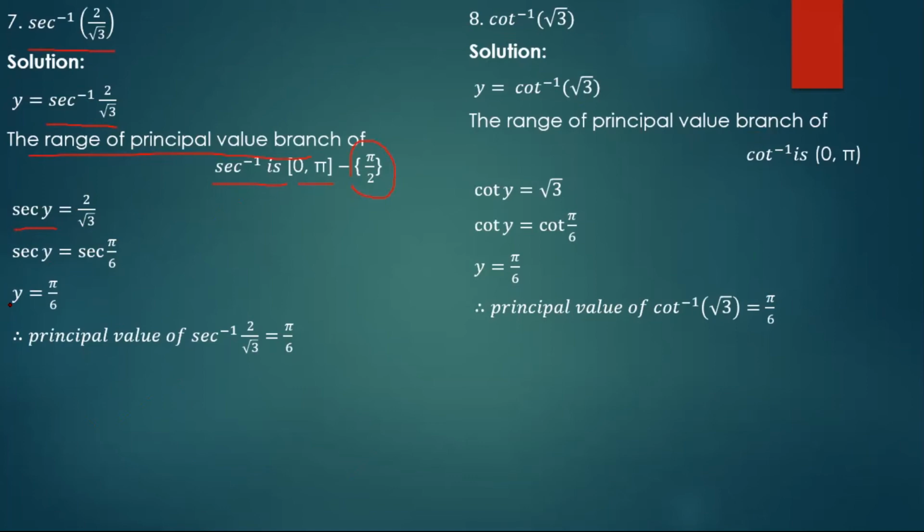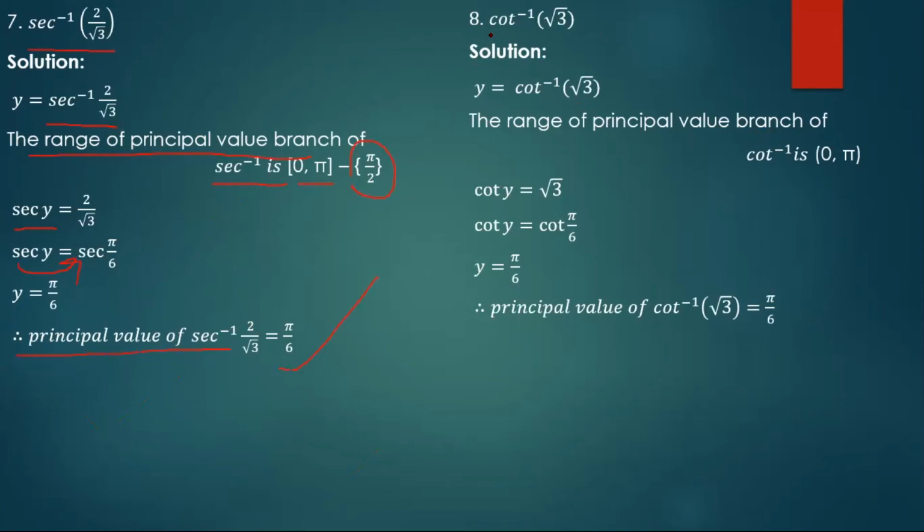Sec gets cancelled, so y equal to pi by 6. Or, one more way, when it goes to the other side, sec becomes sec inverse, and sec inverse of sec gets cancelled. What is remaining? Pi by 6. So y equal to pi by 6. Therefore, the principal value of sec inverse 2 by root 3 is pi by 6.